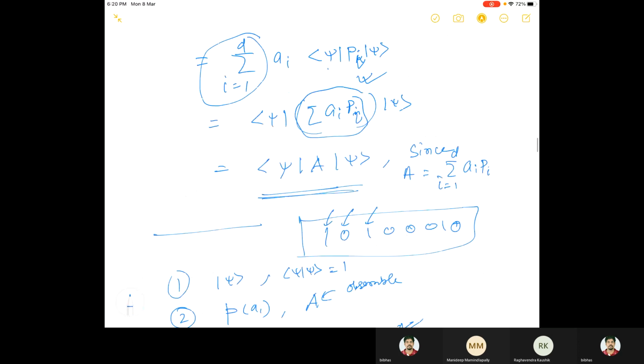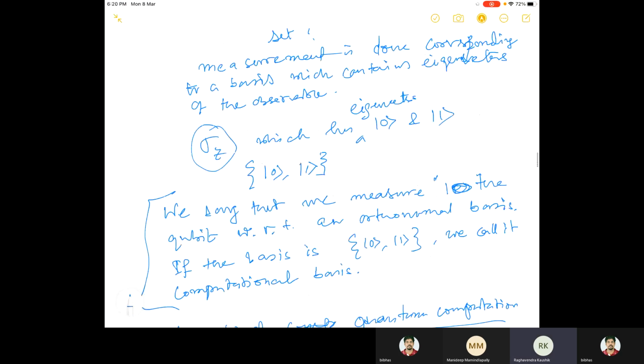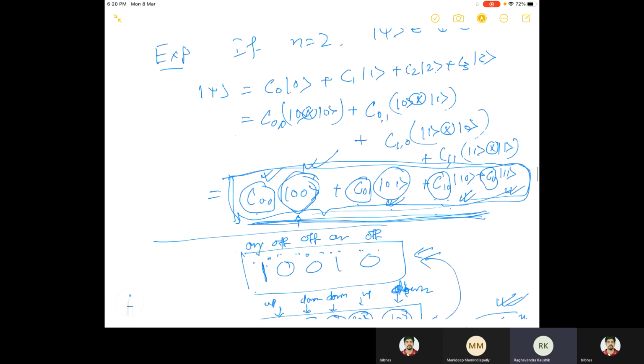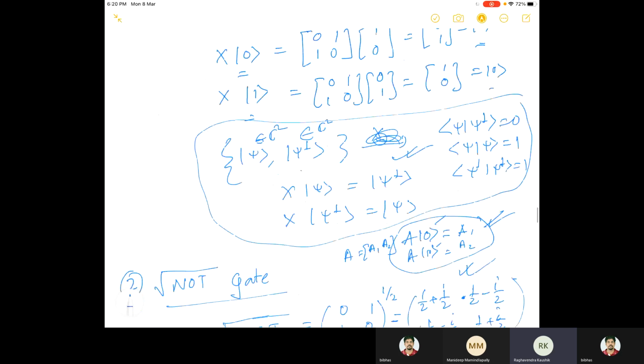Can you see my screen now? Yes, sir, now things are visible. Okay, I can also see it on my desktop. I checked it. Yeah, I was writing something.